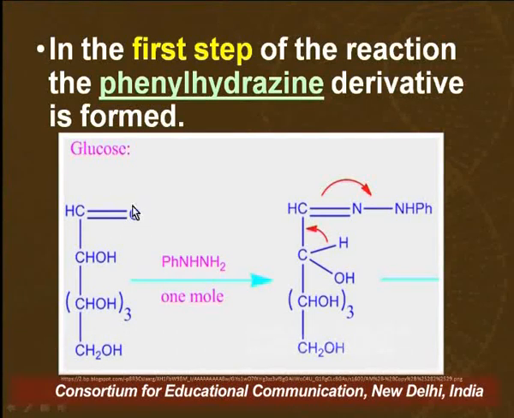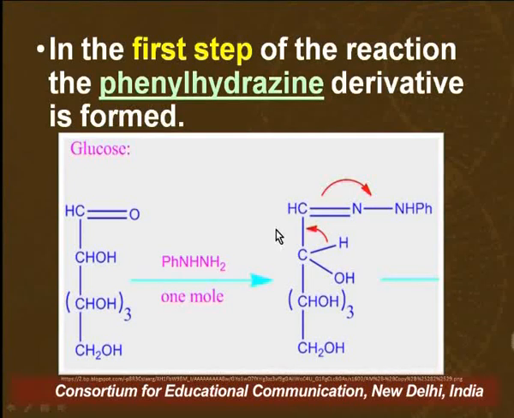This first step is a condensation reaction, in which we know that the hydrogen attached to nitrogen is acidic in nature, since it is attached to a more electronegative atom. So these two hydrogen atoms and the oxygen atom from here are eliminated as a water molecule, and a double bond is formed between this nitrogen and this carbon.